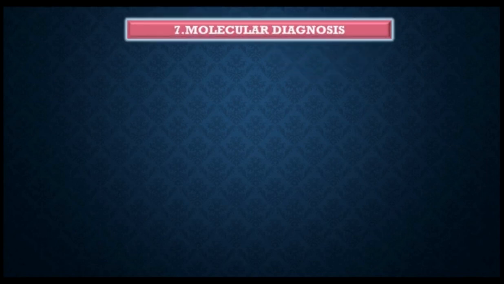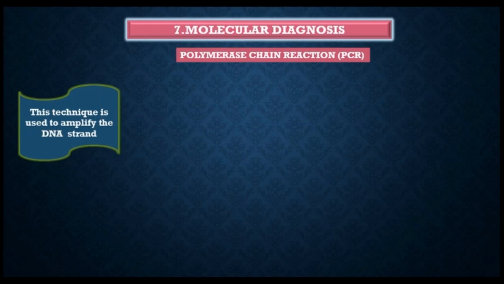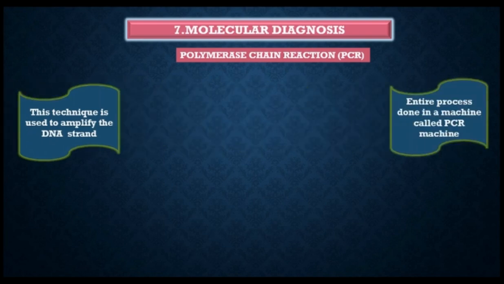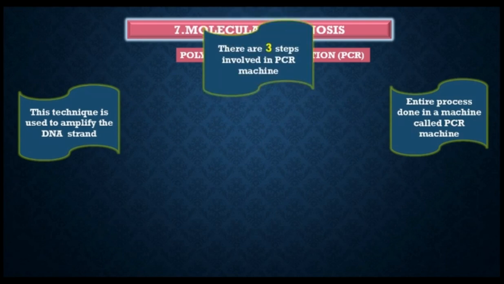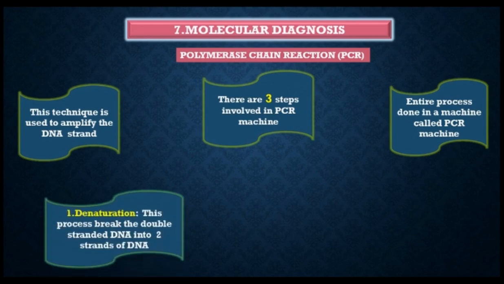Coming to the molecular diagnosis. In this test, polymerase chain reaction is used to amplify the DNA strand. The entire process is done in a machine called the PCR machine. In the PCR machine, there are 3 steps involved. The first step is called denaturation.